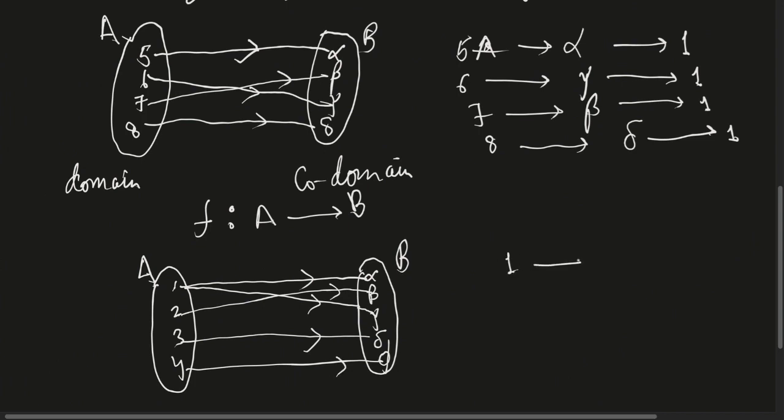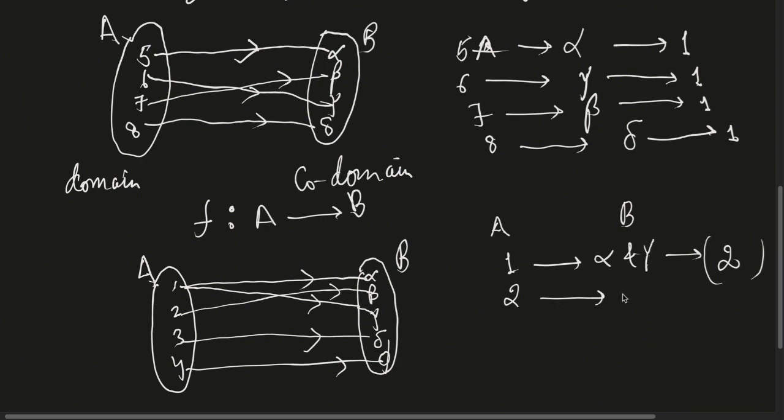So 1 has been mapped with alpha and gamma, that is, 1 has been mapped with 2 elements in B. Sorry, this should be alpha and gamma, not beta.